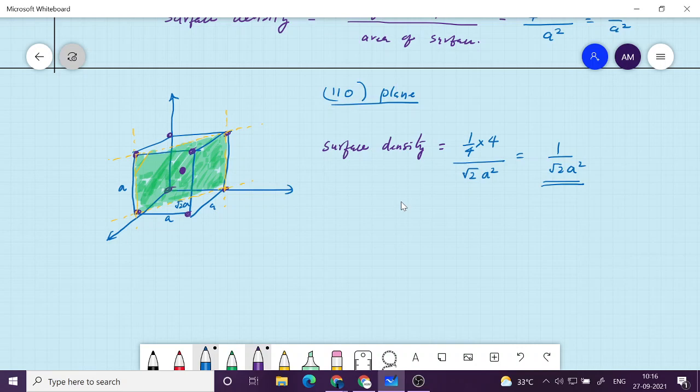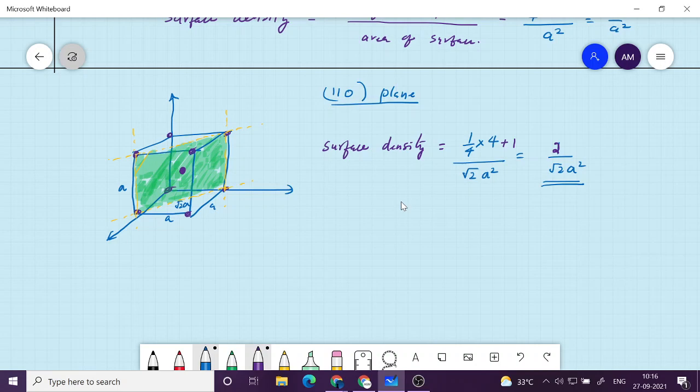So the number of atoms will be this plus one additional atom. So this is going to be 2 divided by root 2 a square.